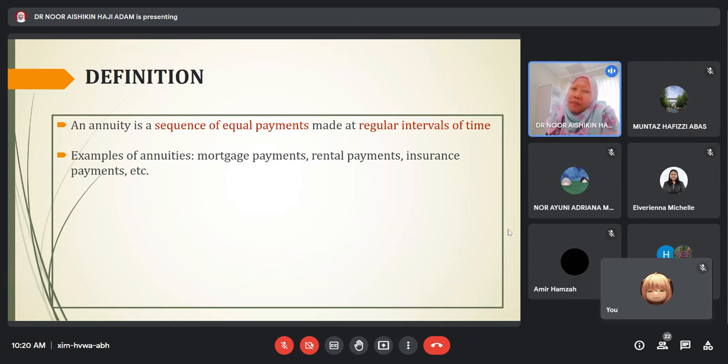Rental payments, ini kalau rent rumah biasa macam student menyewa rumah tu, that is not an annuity. Walaupun maybe you're paying 500 ringgit every month or 200 ringgit every month, but it doesn't involve interest. So that's not the kind of annuity that we are looking at.